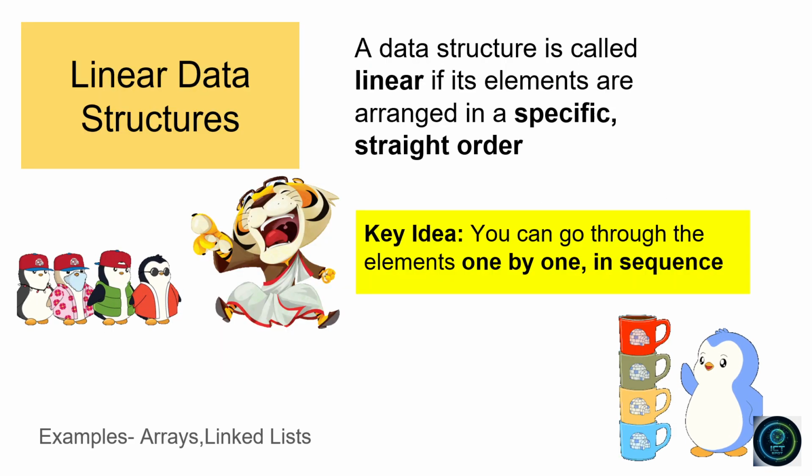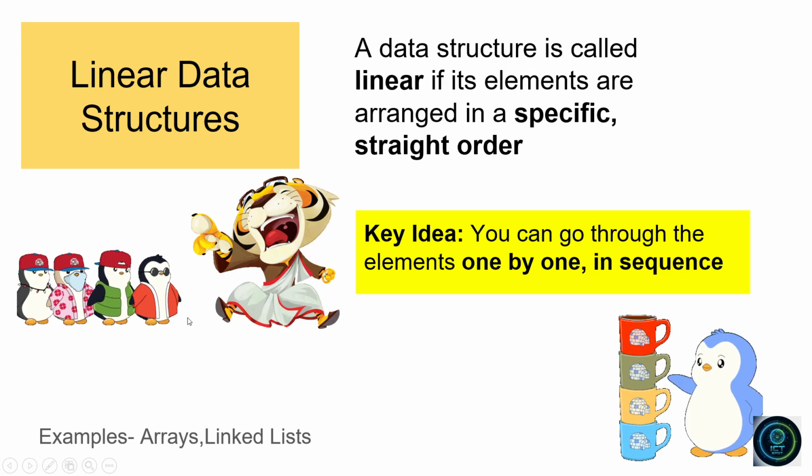Linear data structure means just like a queue. Here I have chosen some pictures to clarify this idea. A linear data structure means the elements are arranged in a straight, specific order, just like a queue. So you can see this tiger can eat this penguin.